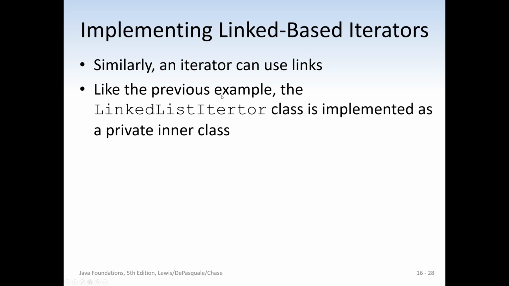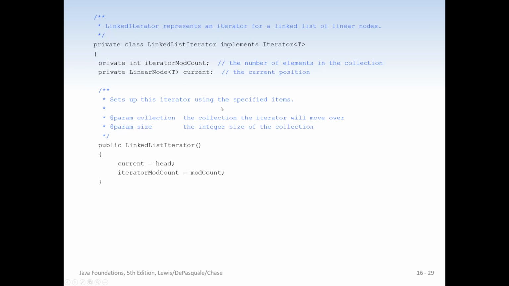So we're going to have a linked list iterator class, which is implemented as a private inner class. Same thing here. We've got this private class, LinkedListIterator, implements Iterator. We're going to have a private int iterator mod count, and a private LinearNode<T> current, which is the current position.